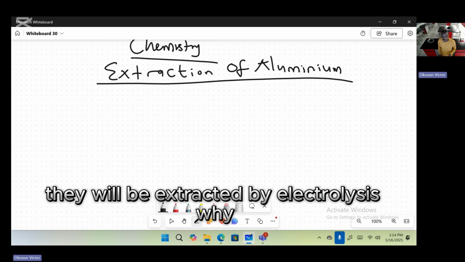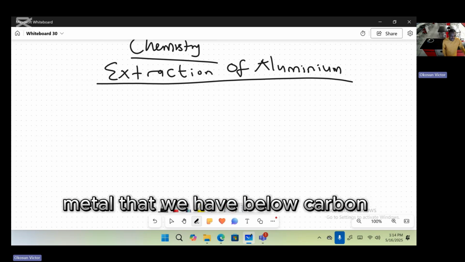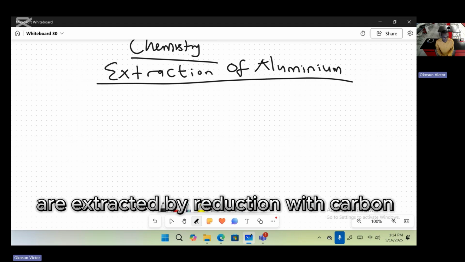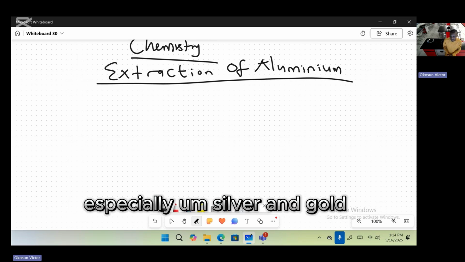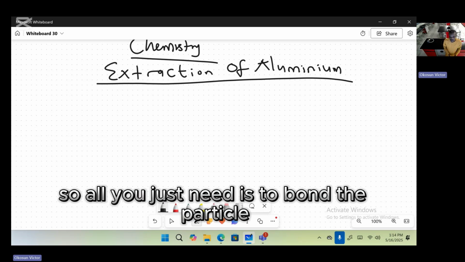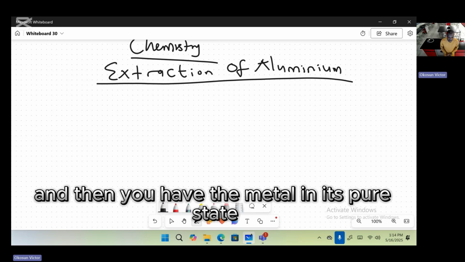The first 5 metals will be extracted by electrolysis, while metals below carbon are extracted by reduction with carbon. And then metals below hydrogen, especially silver and gold, exist as free elements. So all you need is to burn the particle, and then you have the metal in its pure state.